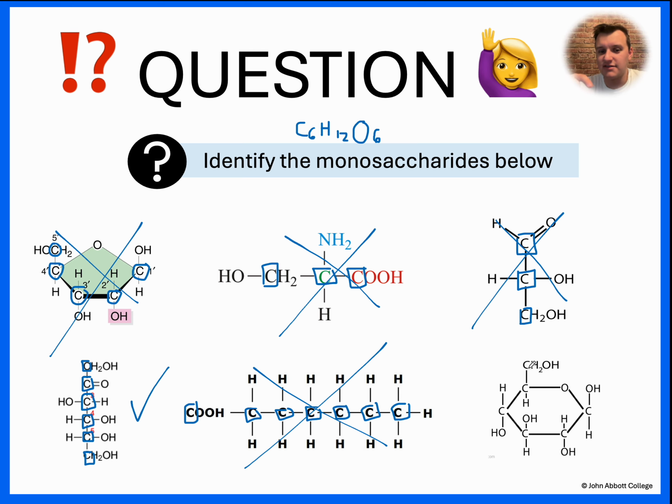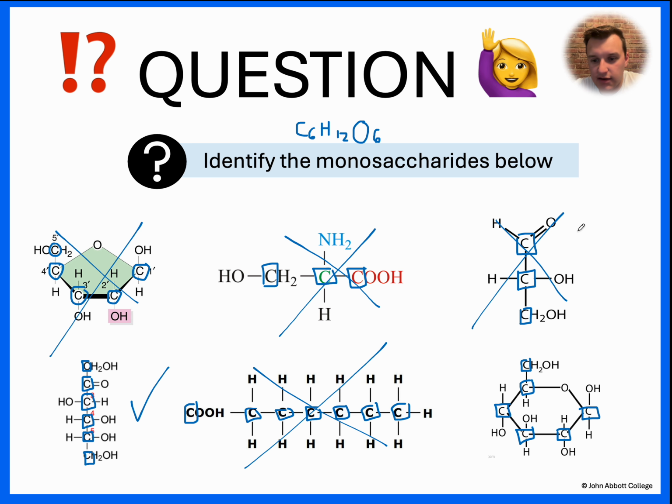Do you see how sometimes they're in linear formation or in the ring? Sometimes they're trying to confuse you, like this one was in the linear formation. So don't fall for some traps here. Just count the number of carbons. So 1, 2, 3, 4, 5, 6. Okay, we're good.